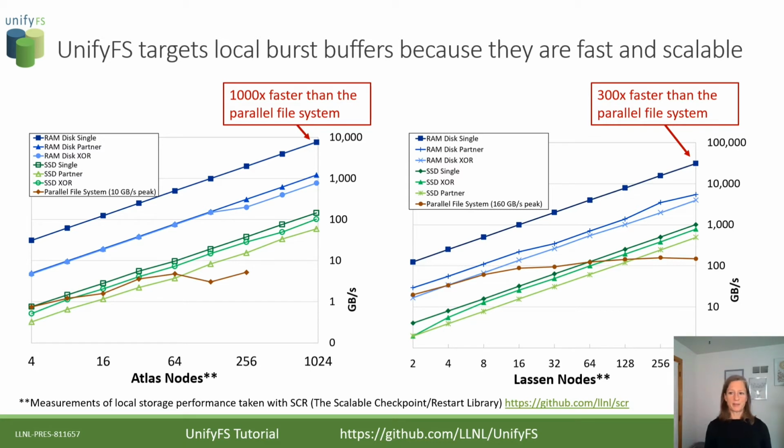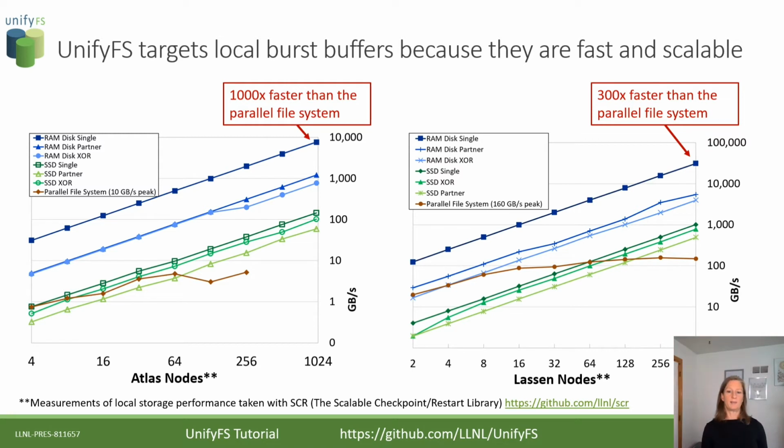Probably what you see immediately is that the parallel file system on both systems does pretty well at first and is comparable to the performance of node local storage. However, as you scale up, at a certain point, you saturate the available bandwidth of the parallel file system, and you're just not going to be able to get any better than that because it's saturated.